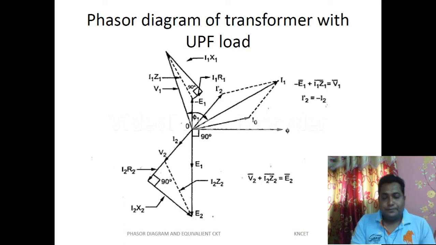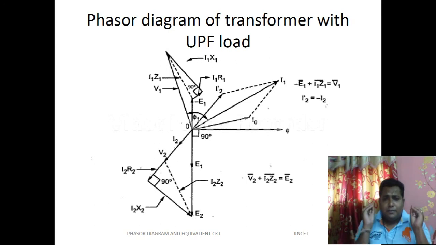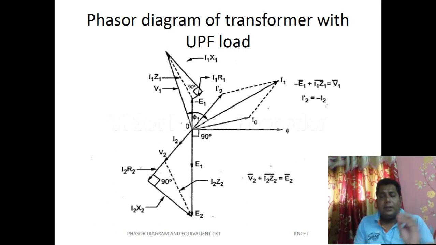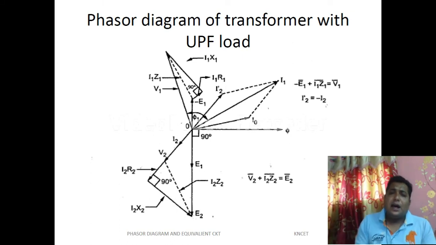Once we understand the unity power factor load phasor diagram, there is very little change for the lagging and leading power factor. So students, you have to understand the unity power factor load phasor diagram right now; once you understand this one, the other two will be very easy. So now we are going to start.